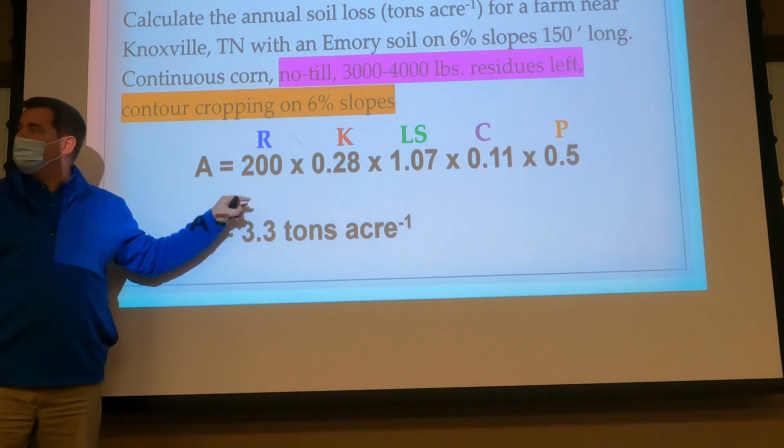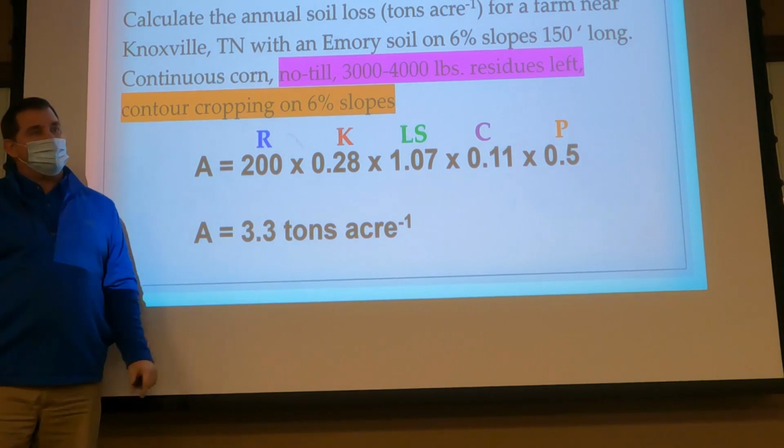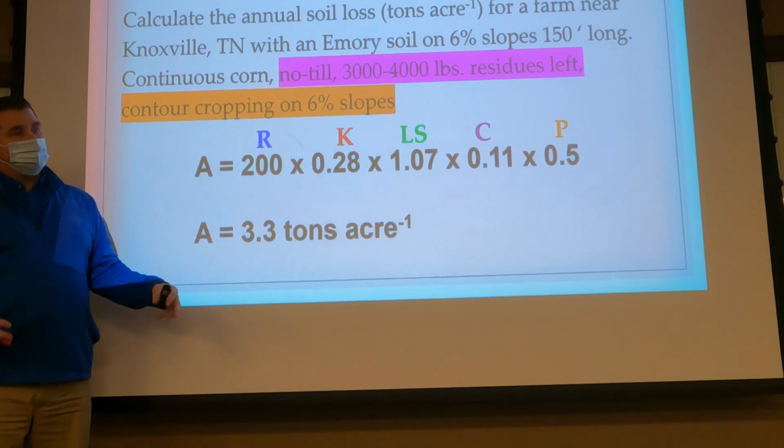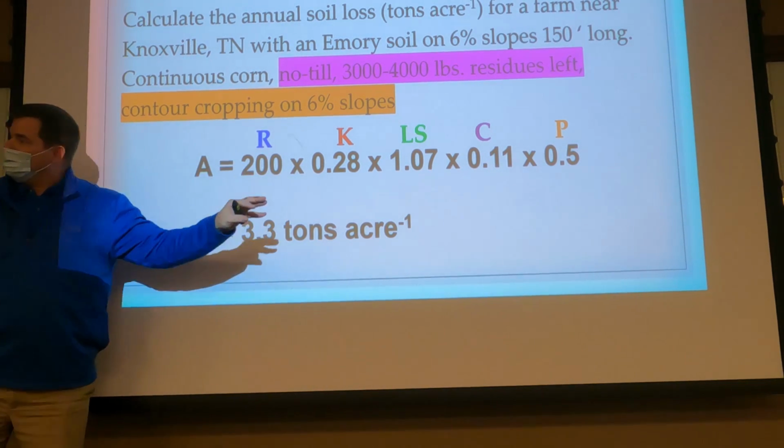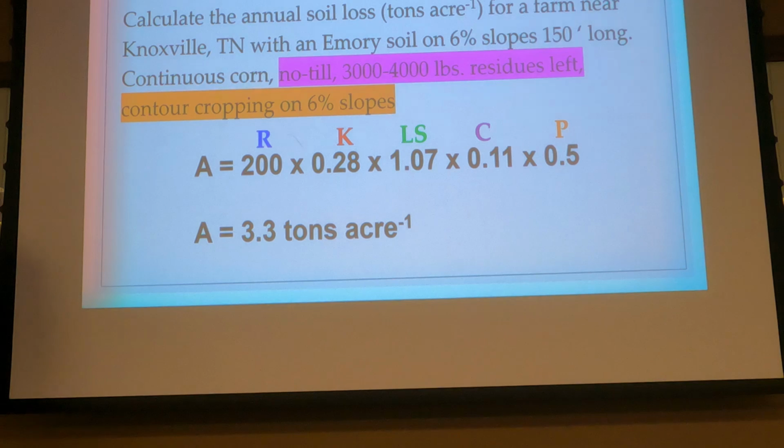We're less than 5 tons of soil per acre. So just by implementing these little things on your farm or in your land management system, you've now decreased the amount of soil loss. And guess what? That's a return on investment for NRCS. That's a return on investment for you or your farm manager or your farm owner.